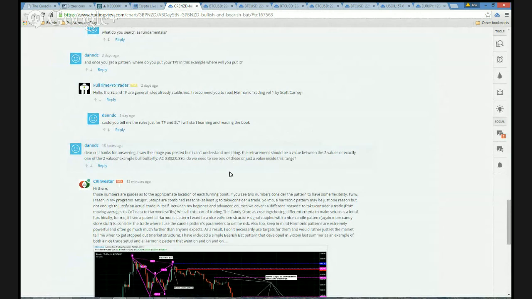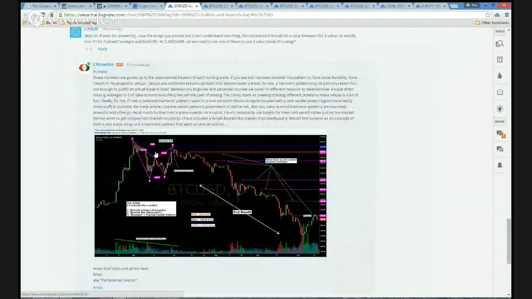And what I thought I'd do is just take some time and explain how I use the harmonics. It doesn't necessarily mean I'm 100% right. But what I found over time is that generally speaking, when you see these harmonics come in, it's just a good guide. And so what I told the gentleman was, these numbers are guides as to the approximate location of each turning point.